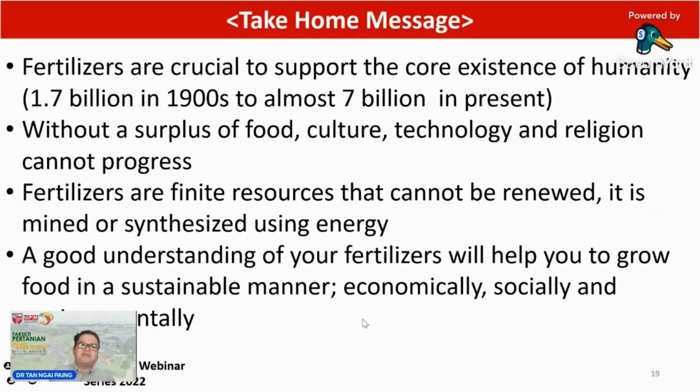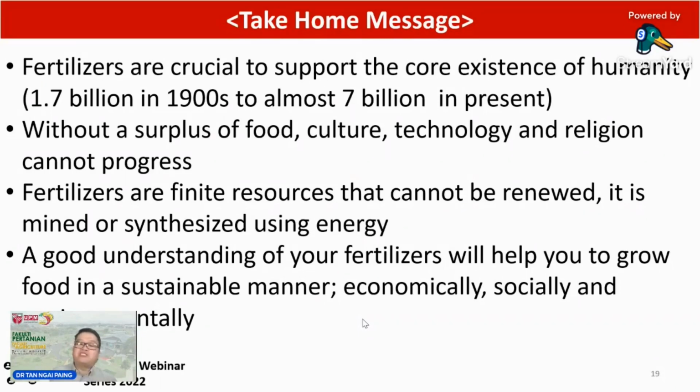But as a matter of fact, after we know the origin of fertilizers, we know that from 1.7 billion in the 19th and early 20th centuries, up to 7 billion people are now living on this planet Earth.